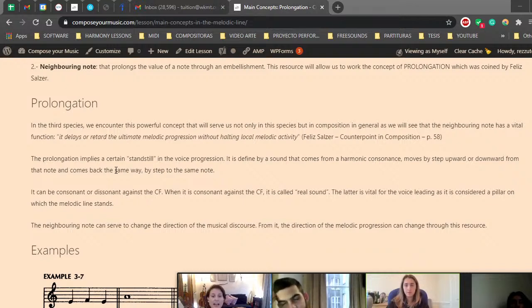We'll never do that, unless you want a surprise, of course, but you will never do that. So instead of halt, rest, fermata, longer values, it just stays, it retards, delays, generating a local activity without halting. That's the third species. That's the concept of prolongation.